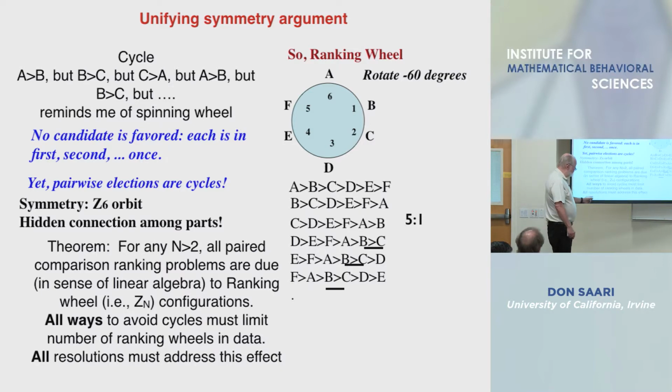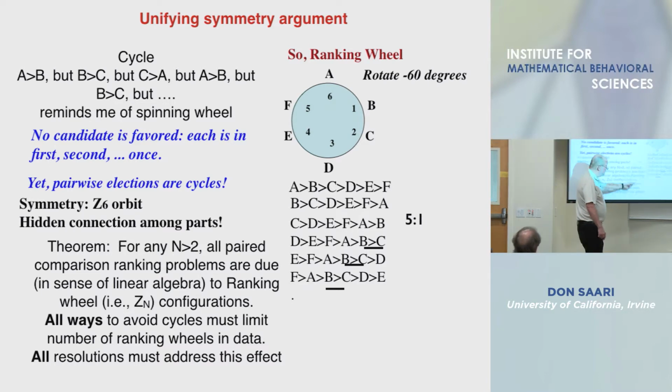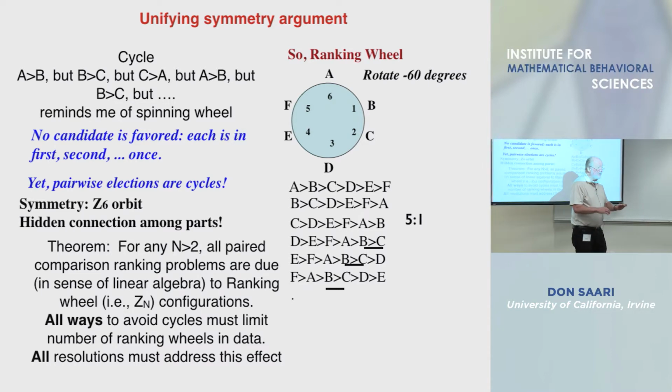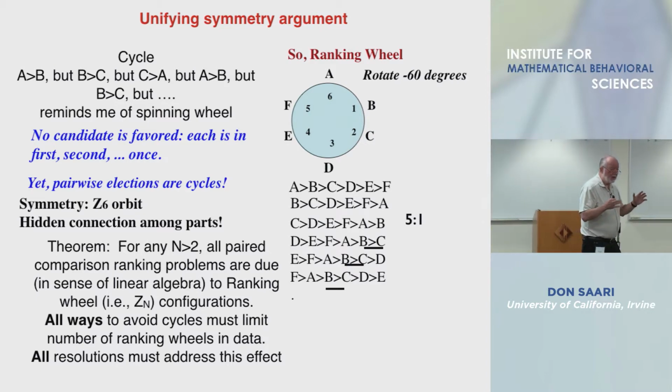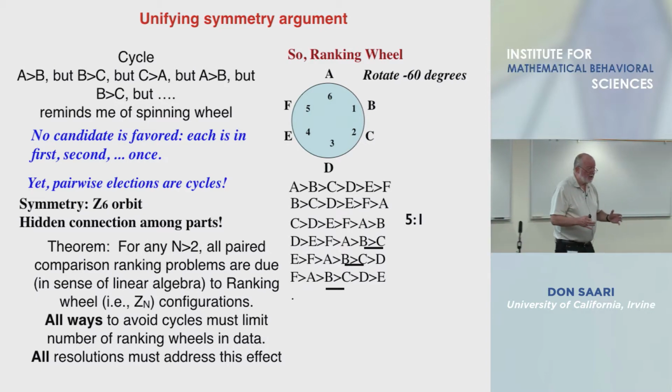And then all ways to resolve this problem must, in some sense, address this ranking wheel effect. So really, the symmetry of the ranking wheel of the Z6 is totally responsible for all of the issues and all of the theorems in the literature.